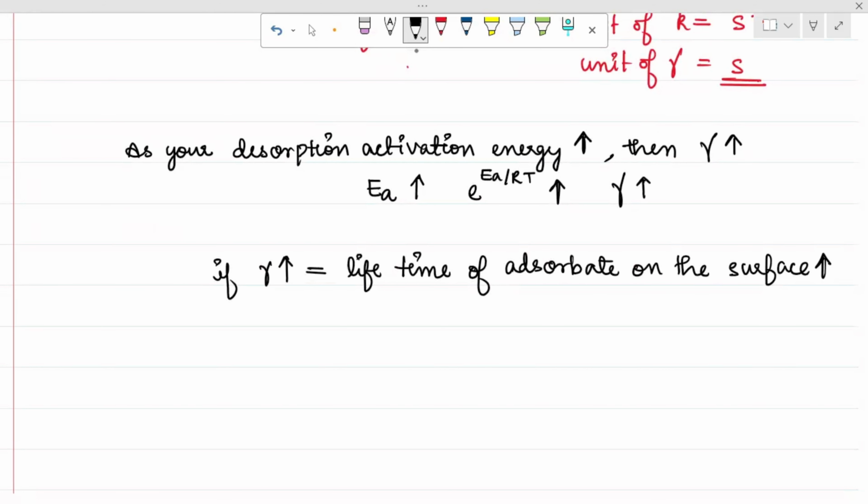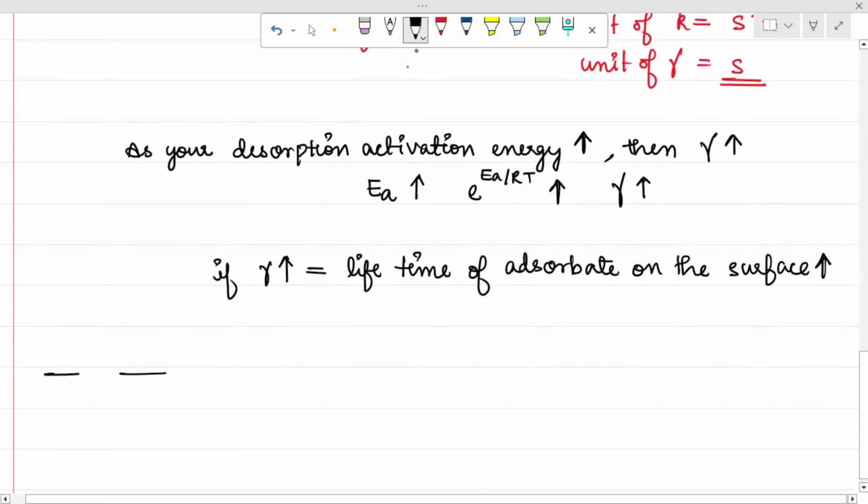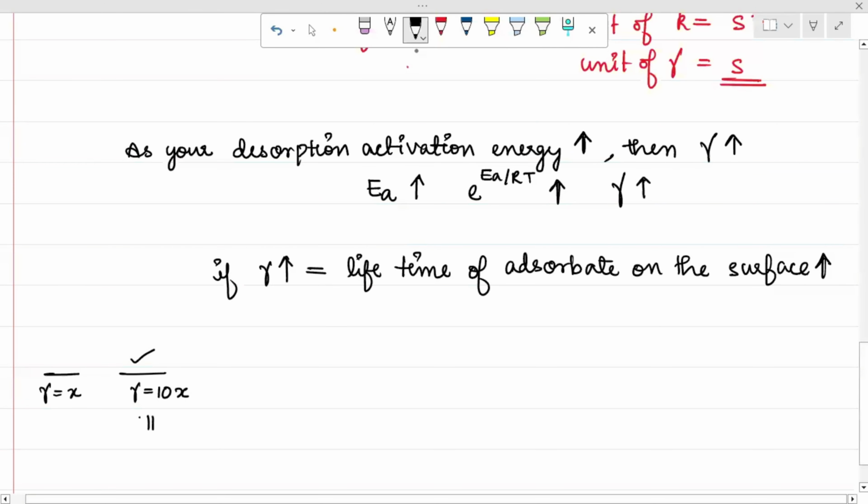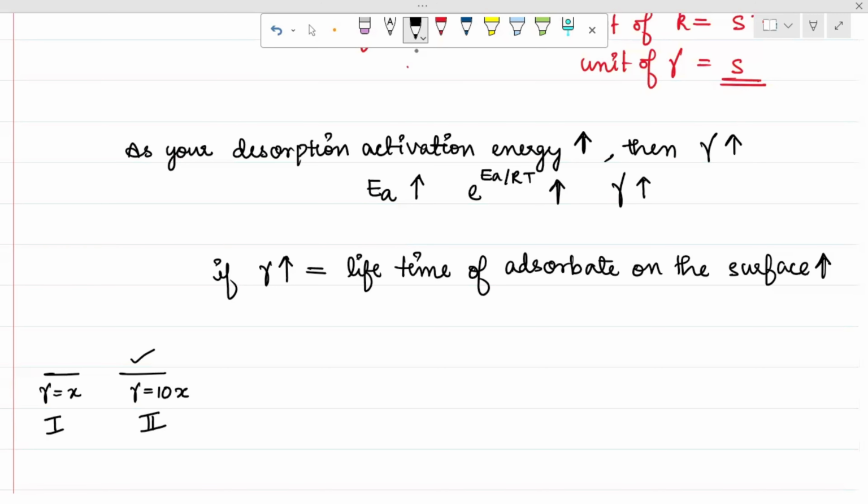Okay. For example, you have two solid surfaces. Here the gamma value is, let's say, x units, and here let's say your gamma value is 10x units. So if gamma is 10 times higher than x, it means that the lifetime of the gaseous molecule on surface 2 is higher than that on surface 1 because the value of gamma is high.